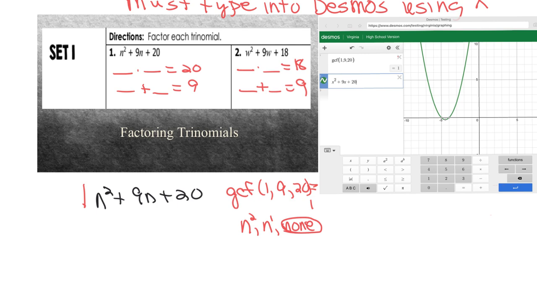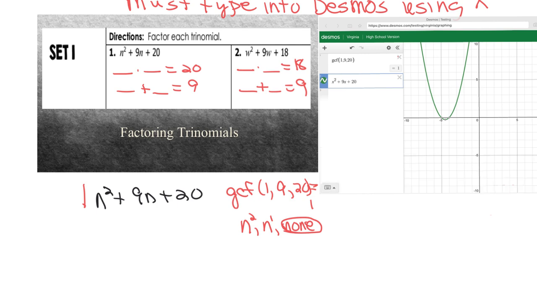And what I'm going to look for are going to be the x-intercepts of the graph. I can see that my x-intercepts are -5 and -4. Okay, so my x-intercepts are -5 and -4.